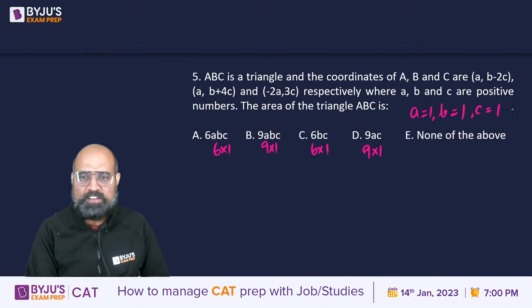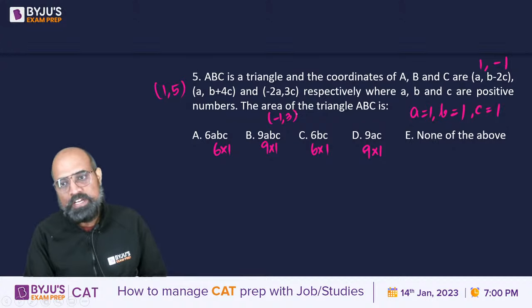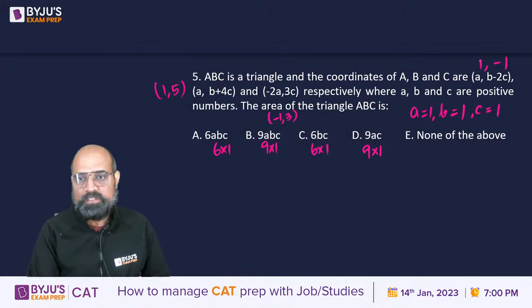So if I take a 1, b 1, c 1, this is going to give me the coordinate (1, minus 1). This is going to give me the coordinate (1, 5), and this is going to give me the coordinate (minus 1, 3).